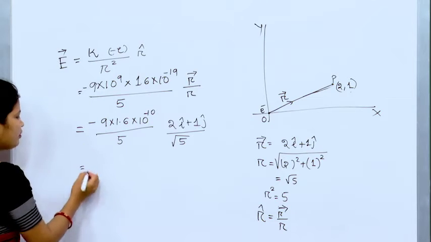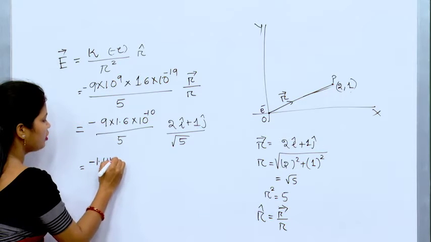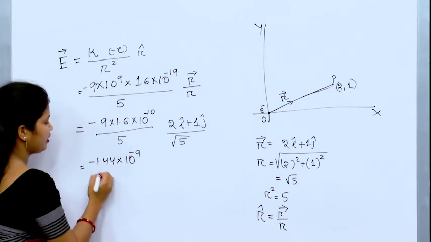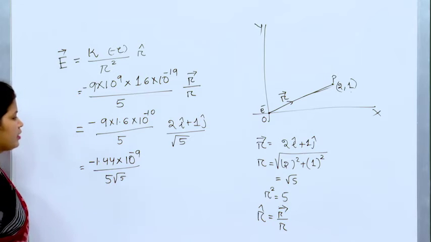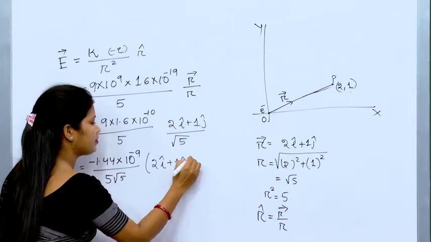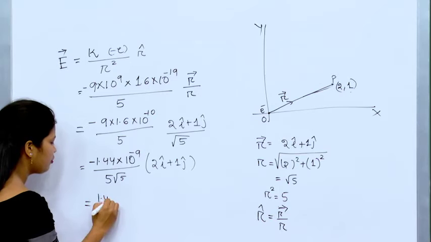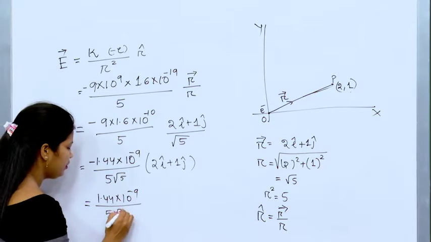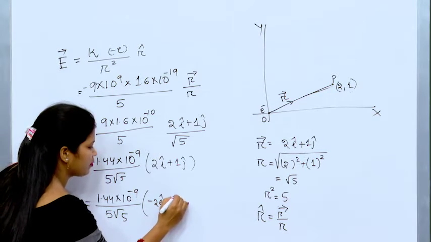So, by solving this we get minus 1.44 into 10 to the power minus 9 upon 5 root 5 into 2 i cap plus 1 j cap. So, multiplying the minus in, I get 1.44 into 10 to the power minus 9 upon 5 root 5 into minus 2 i cap minus 1 j cap.